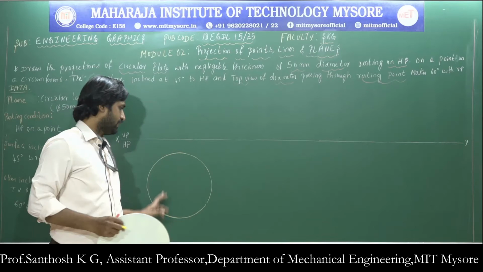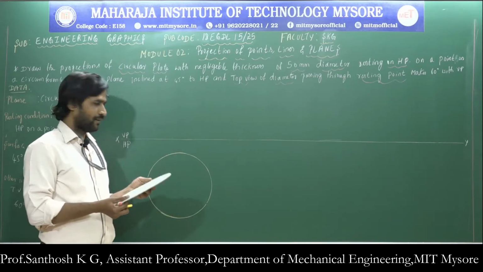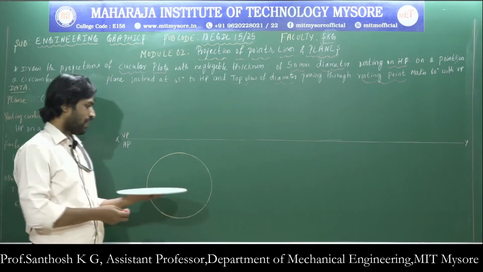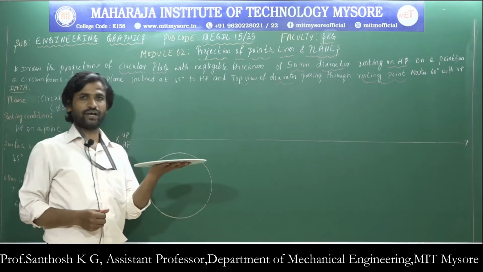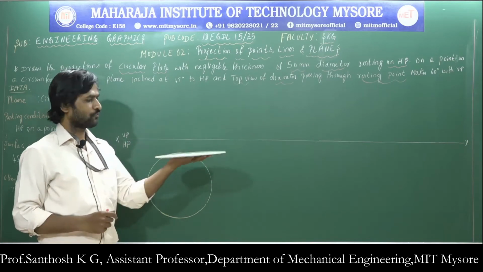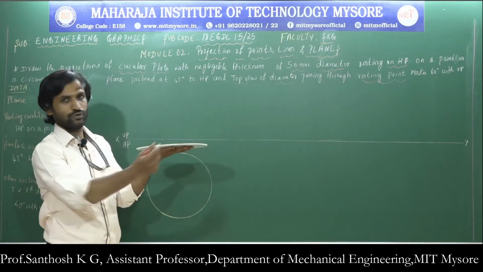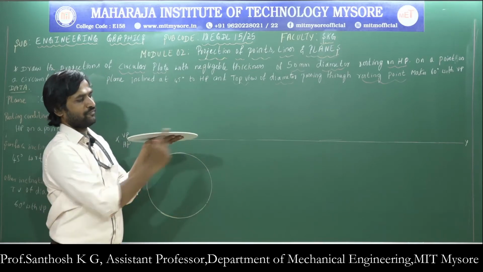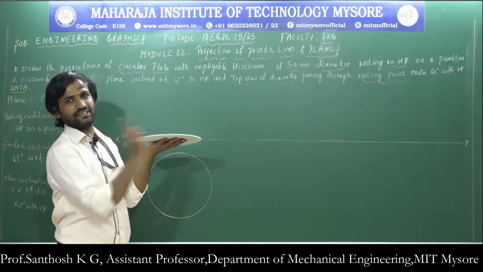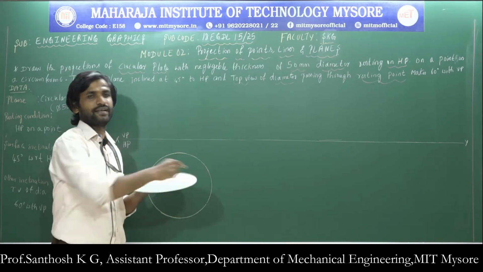After writing the top view of the circular lamina, now let us see how this circular lamina is going to look when we see it from the front. So when the lamina is placed on HP like this, so if you look from the front, the lamina will look like a straight line, and the length of the line will be equals to its diameter.